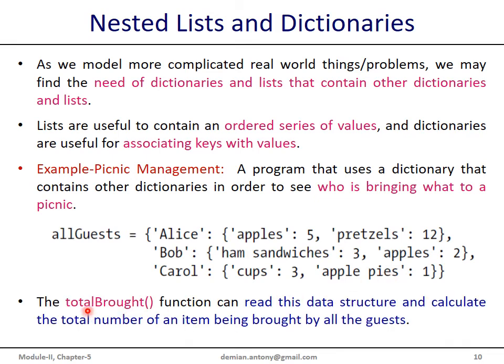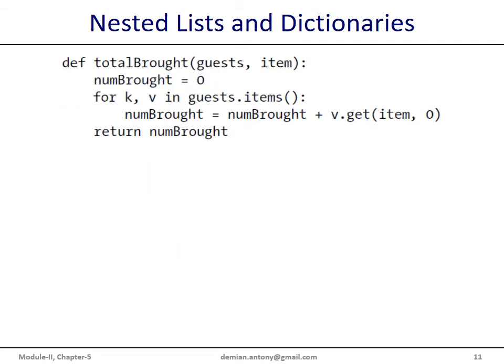And we can have a function, totalBrought, which reads the entire data structure. Here we have taken only 3 members, and it gives us the total number of items that are available for the picnic. This is the function totalBrought, which takes 2 arguments. One is the dictionary and the second one is the item. We want the item-wise count.